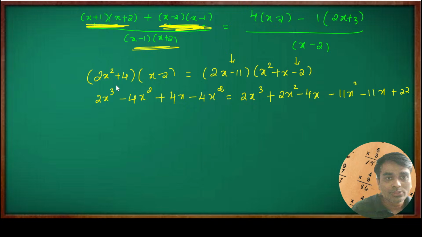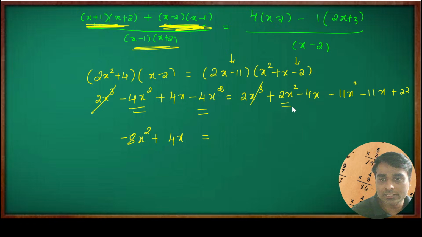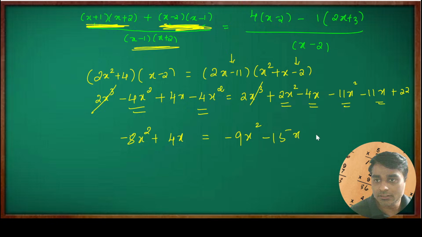Okay, so 2x cube first remove them because cubic equation not at all entertained. Then here I have two 4x squares, right? So minus 8x square plus 4x equal to whatever we have here, 2x square minus 11x square, minus 9x square, minus 4x minus 11x, minus 15x, then plus 22.